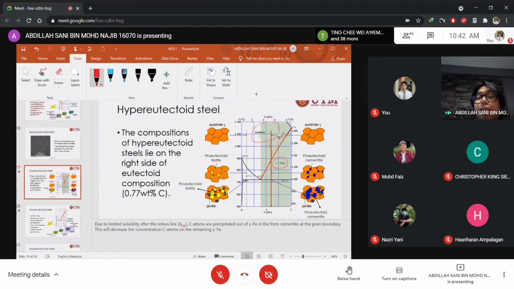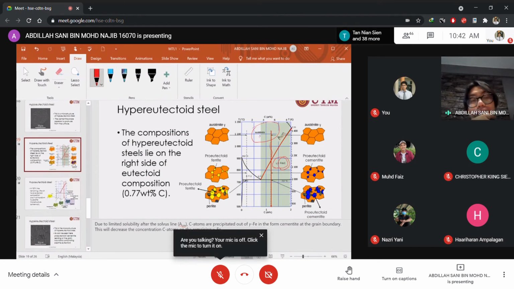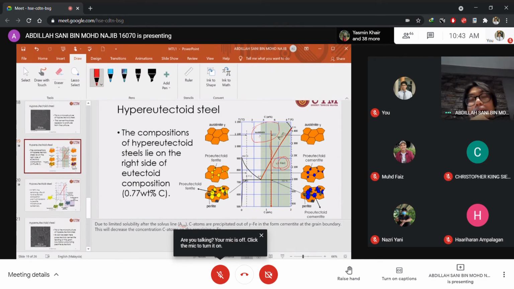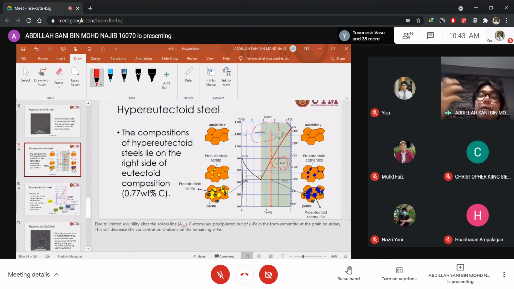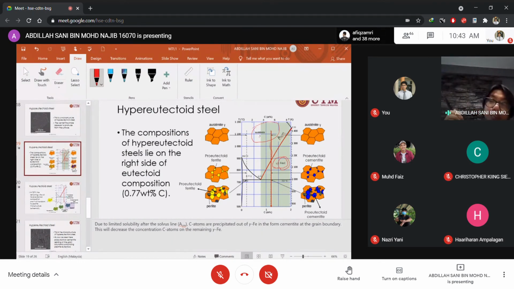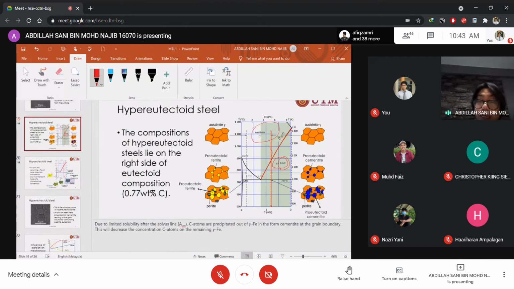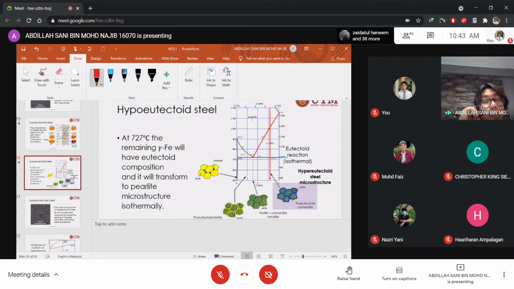Same as the hypoeutectoid, some amount of austenite transforms into cementite. When it reaches this line, the remaining austenite has the eutectoid composition, and with eutectoid composition, we have this lamellar structure. And this is what happened.